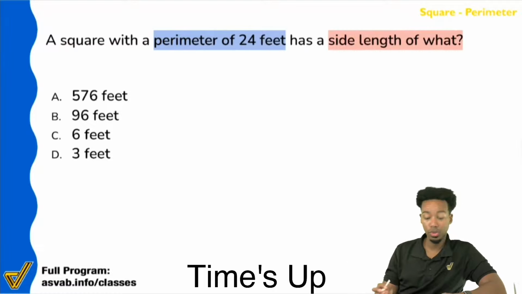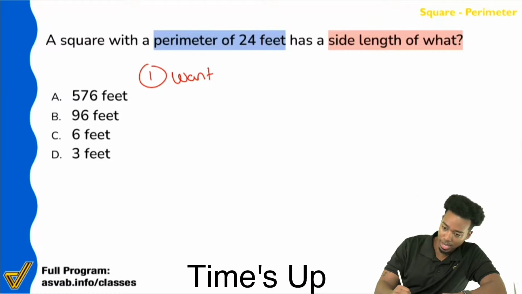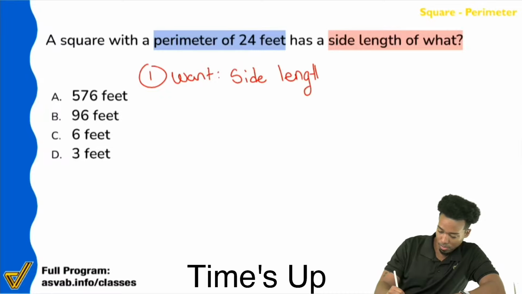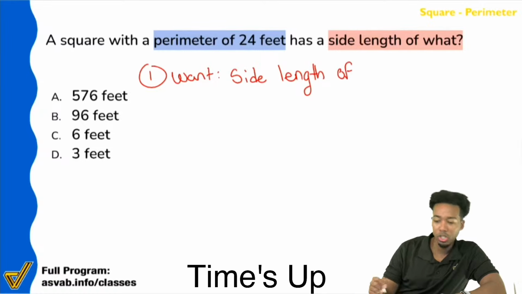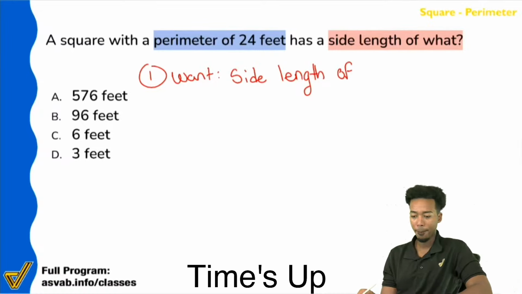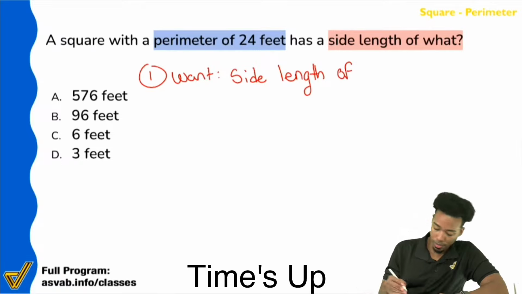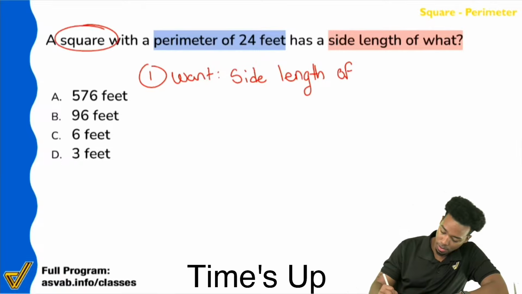That's what we're looking for, the side length. So number one, what do we want? We want the side length. And then everybody, what's the shape again? Right, a square. The side length of a square right there.